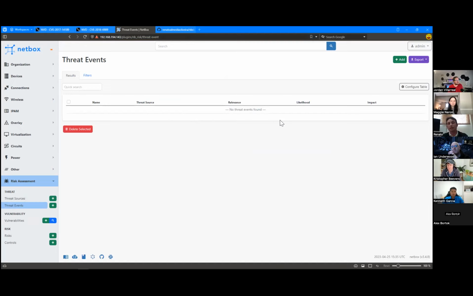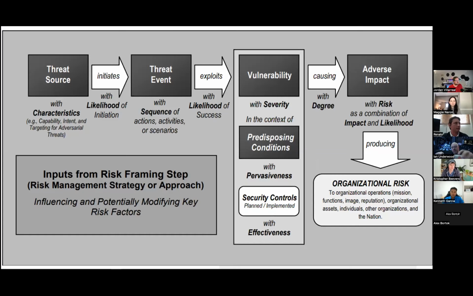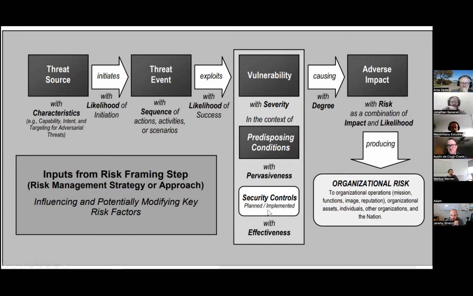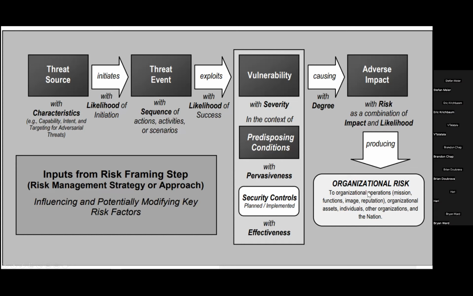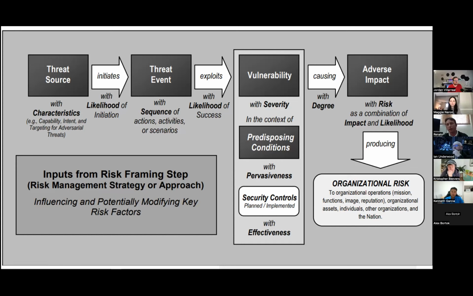Describe what kind of event is happening. Yes, that slide is a better description of the process. You have a threat source that initiates an event that exploits some vulnerabilities with predisposing conditions. You can plan and implement security controls that cause an impact and generate organizational risk. That's the base from which I model the NBRisk models, how I create the models.